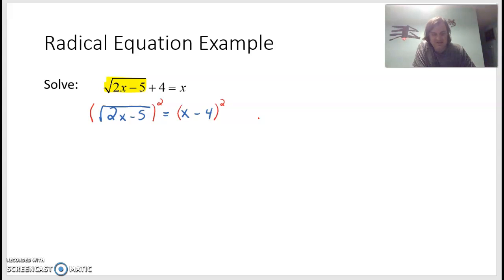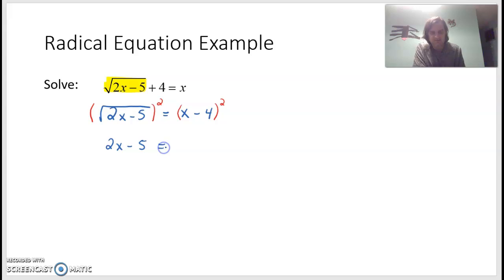Squaring the square root will cause it to cancel out. If it's not by itself, like it originally was with the plus 4, squaring it is a FOIL, and if you write out that FOIL of the original left-hand side, you'll still have a square root, so it doesn't help. But squaring this left-hand side, I get 2x minus 5 because the root cancels out.